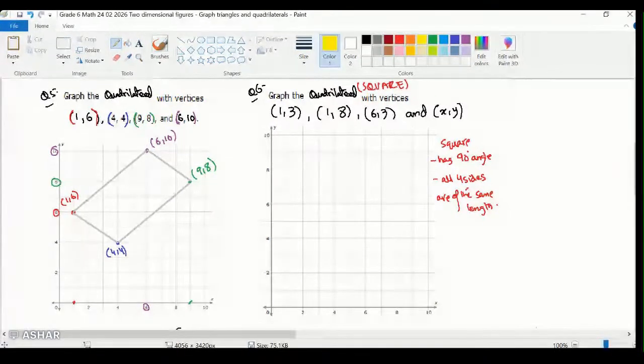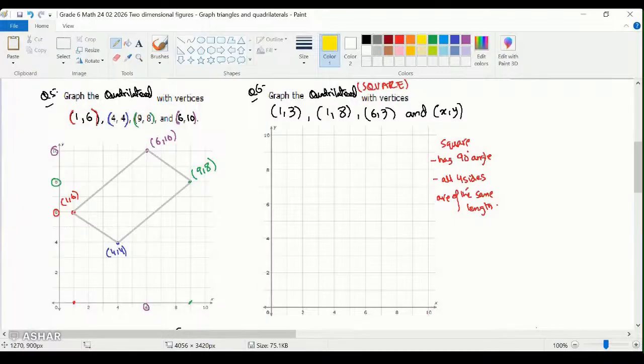If one value is a variable, that means we need to find this coordinate also. But because we know this is a square, it must be easy for us, right? So let's plot the first point. It was 1 comma 3. This is 1. This was 3. Agreed? This is the common point. That is 1 comma 3.